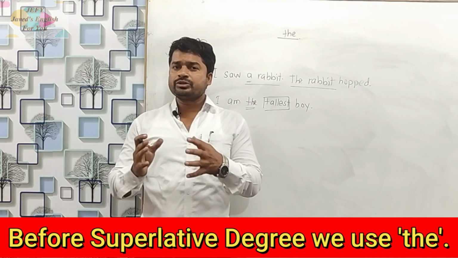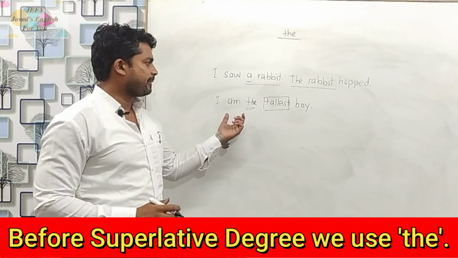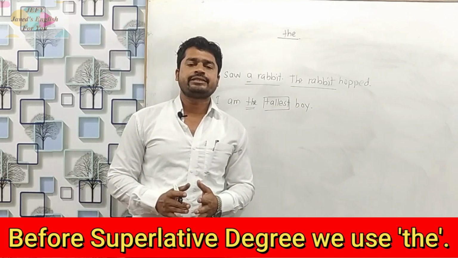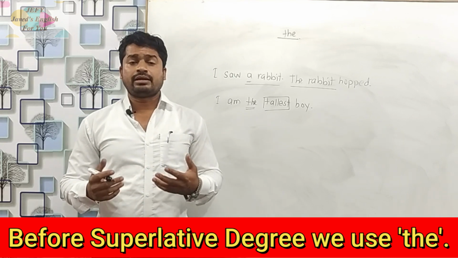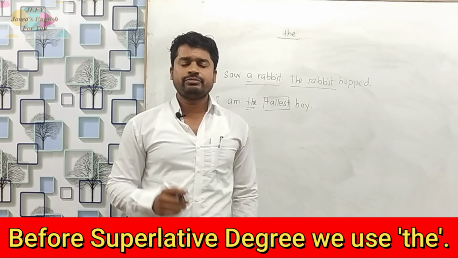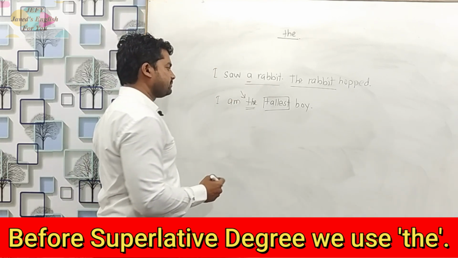So whenever you use superlative degree, you have to use the. You cannot say tallest, you have to say the tallest, the shortest, the coolest, the nicest, the longest, in this way. Whensoever you have to use a superlative degree, you have to say the, this article.